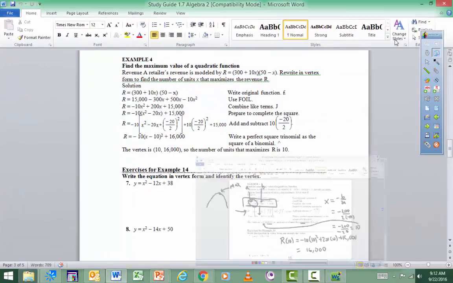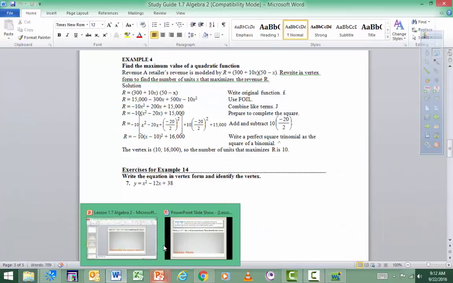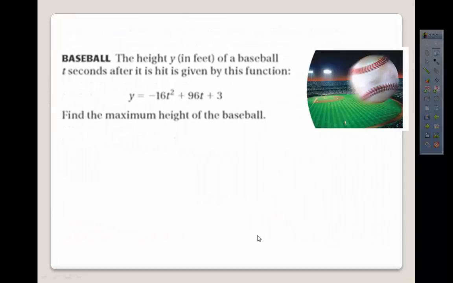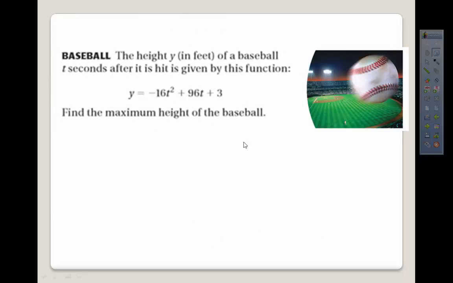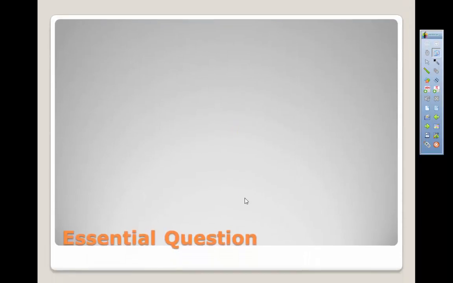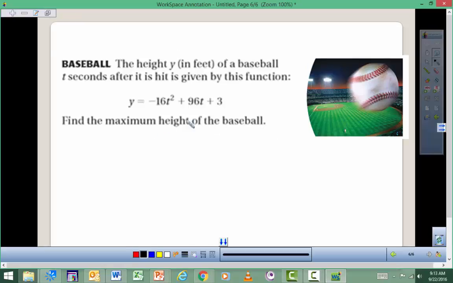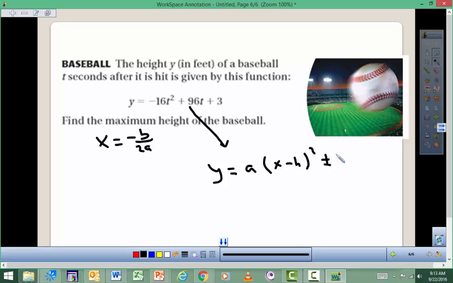So what I'd like you to do now, I think, let me go back to my PowerPoint, make sure I haven't skipped over anything. There's a baseball problem. Well, this is just a problem where you want to find the maximum height. So there's two ways you can do it. You can do the vertex method where you have x is equal to negative b over 2a, or you can transfer this into vertex form where you have something like a times x minus h squared plus or minus k here.